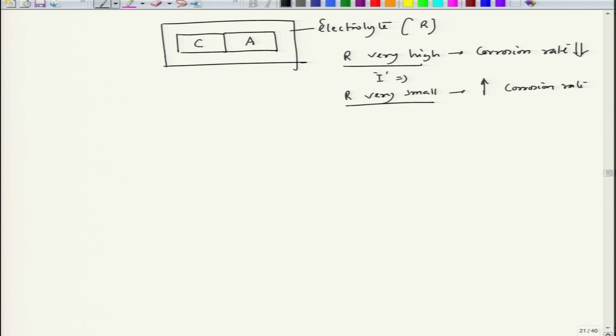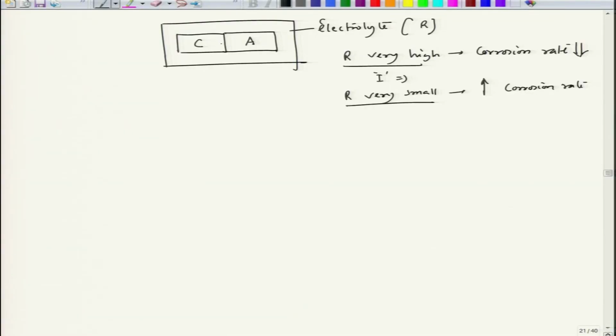The classic example is, let us say we try to see the corrosion of any metal in very pure water, deionized water. In that case we always come across a very low corrosion rate as compared to the situation when that water is contaminated with a lot of ions, because those ions allow the solution resistance to drop, and that allows the easy current flow and the corrosion rate goes up.